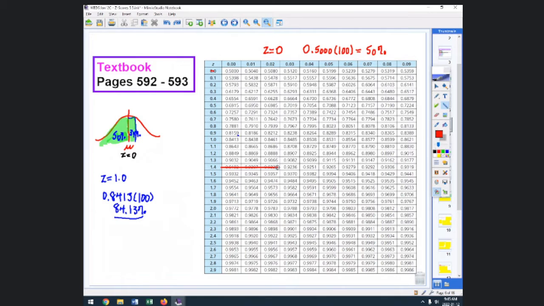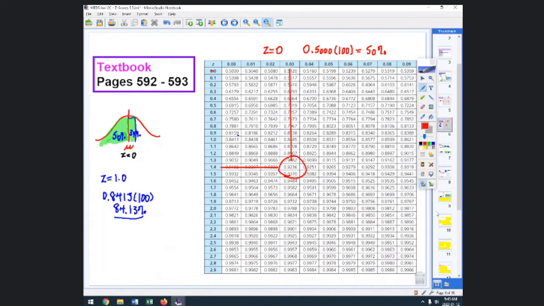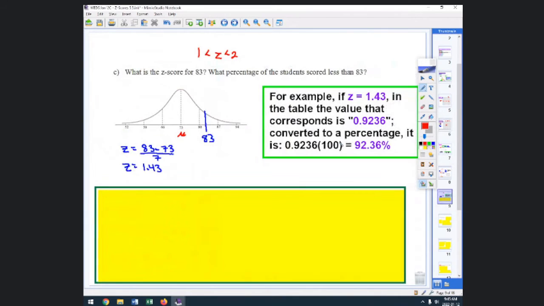So the percentage that corresponds is right here, 0.9236. We have to convert it to a percent though. So multiplying that by 100, we would say that this person who scored 83 did 92.36% better than the class.